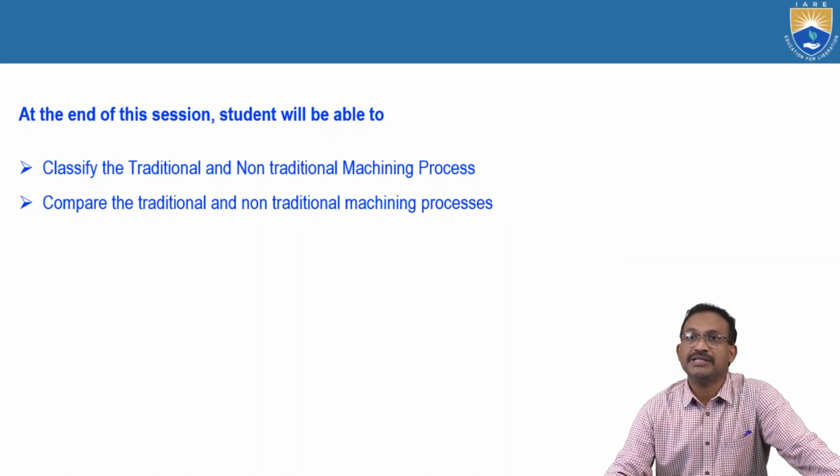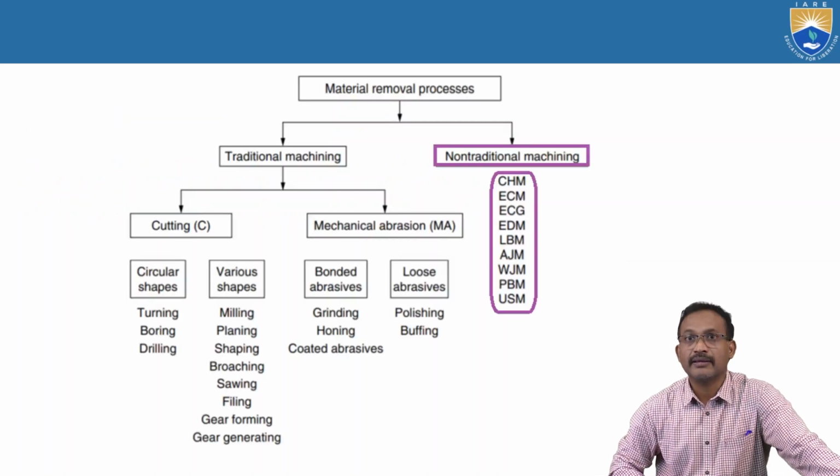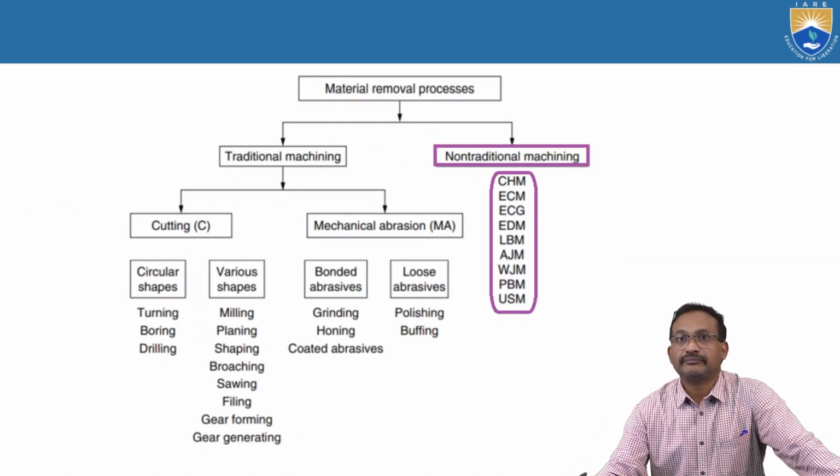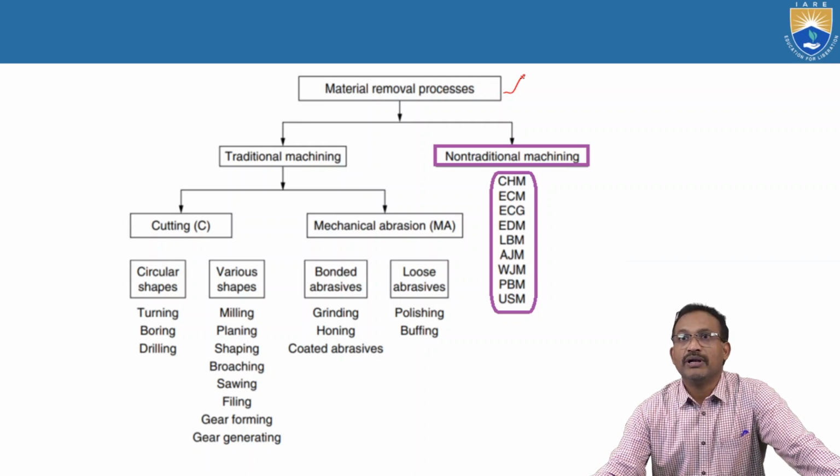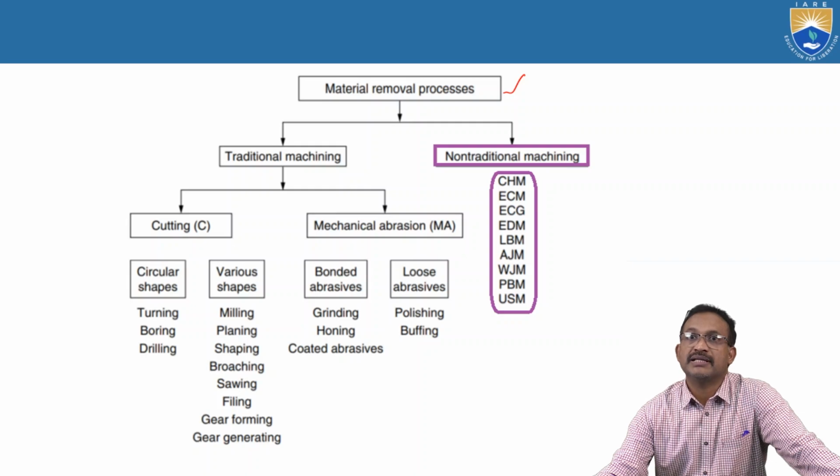So in different machining processes, the material removal will be in different ways. See, this is what material removal process. So under this, as we discussed, the main content is the difference or the comparison between traditional and non-traditional machining.